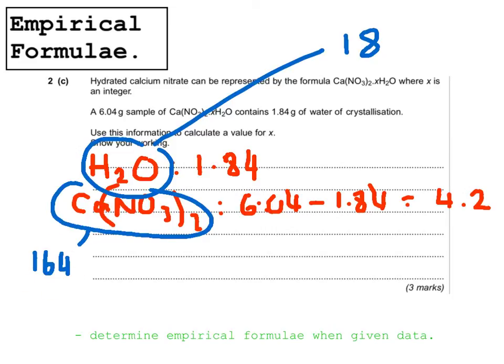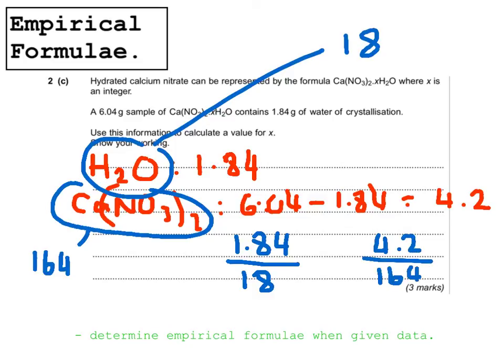So what we're going to do is divide 1.84 by the relative mass of water, which is 18. And divide 4.2 by the relative mass of calcium nitrate, which is 164. That will give us a ratio, which is 0.102 to 0.0256.